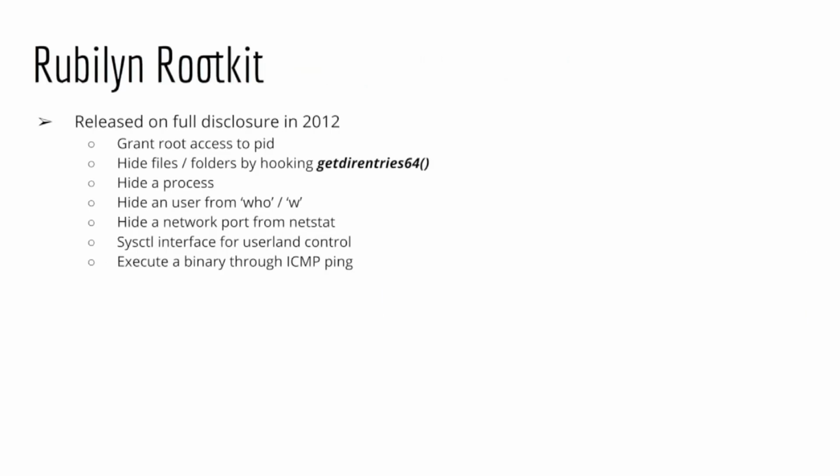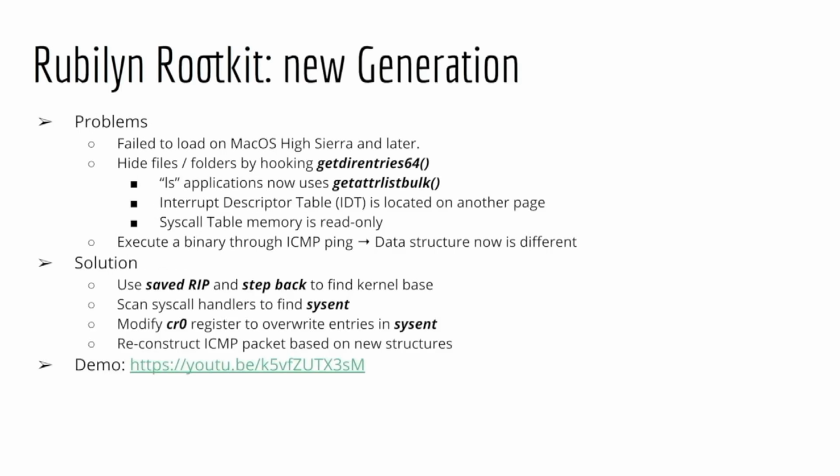So in order to show how our tool works, I will use Demigod to analyze one of the famous rootkits on macOS, Rubilyn. It was fully disclosed in 2012. It can give root to a running process, hide files or folders, etc. However, it couldn't run on a modern kernel for some reasons, such as memory arrangement, KPI changes, and a read-only syscall table.